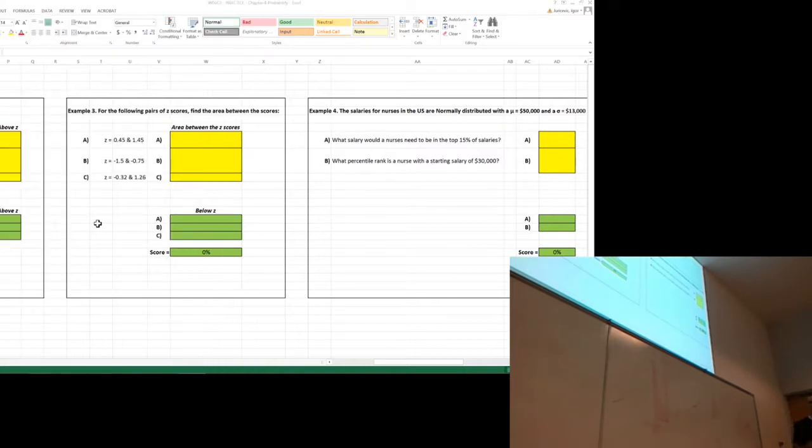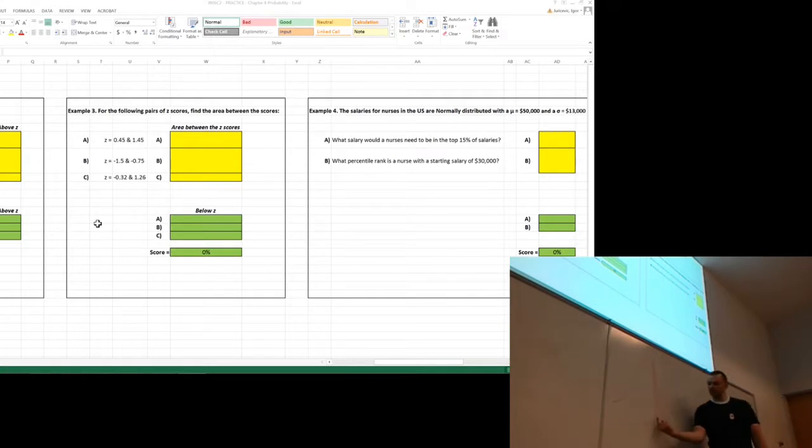But notice that we have the 2 parts that we're going to need. Because if we're interested in this red area right there, the area between 0.45 and 1.45, what we're looking for is the area in the tail above 0.45 without the part that is above 1.45, right?